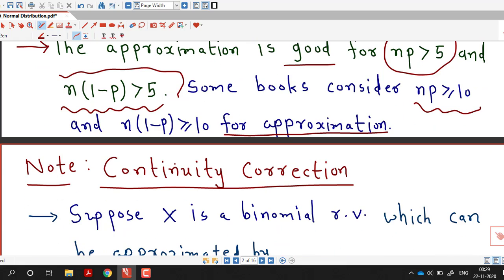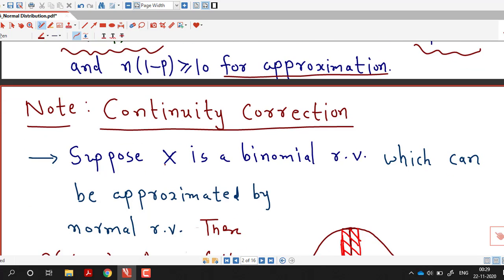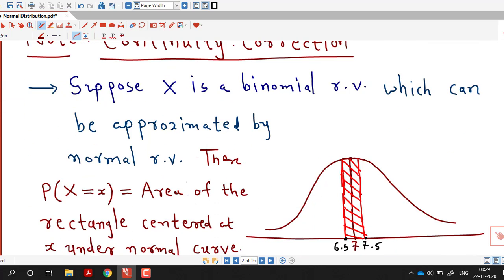Now whenever we are applying normal distribution to approximate binomial distribution, we have to take care of certain things. Suppose capital X is a binomial random variable which can be approximated by a normal random variable. If I want to find the probability of X = x, then this small x is an integer value, and we are approximating a discrete binomial random variable using a continuous normal random variable.